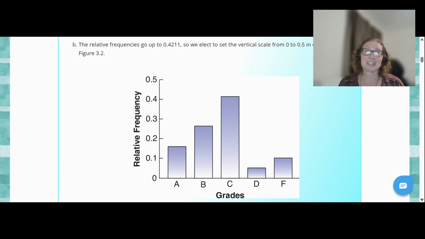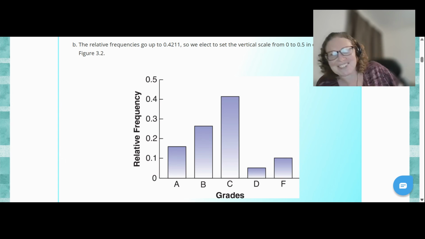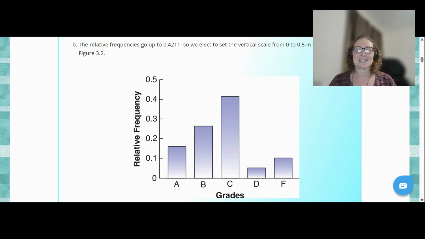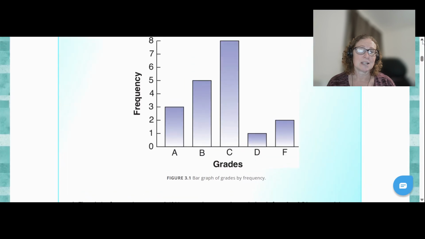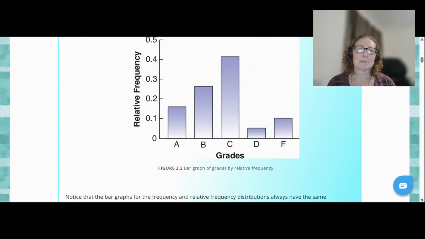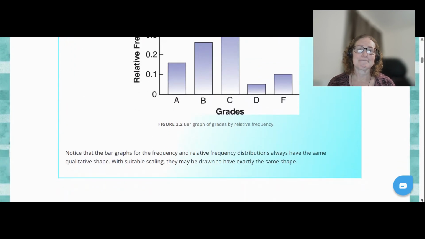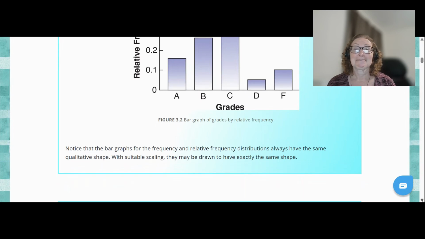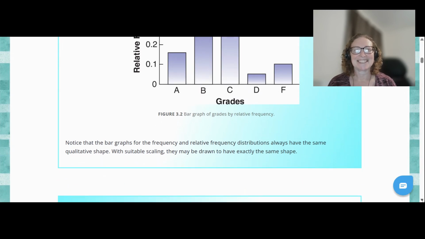Like I said, in the last one we could have gone to 9 or 10 or whatever, to make it look decent. But then you see the relative frequency. It's interesting that the relative frequency kind of looks like the other bar graph too, doesn't it? I wonder if there's a commonality or reason for that. We'll get to that.